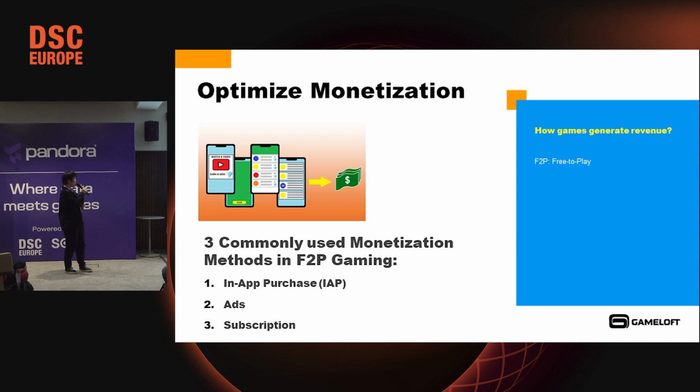There are 3 commonly used monetization methods in free-to-play games. For the gaming specialists, you are probably very familiar with those models. And you know I'm already outdated because there's also a pay-to-win model nowadays. In the other room, the crypto guys, yes.